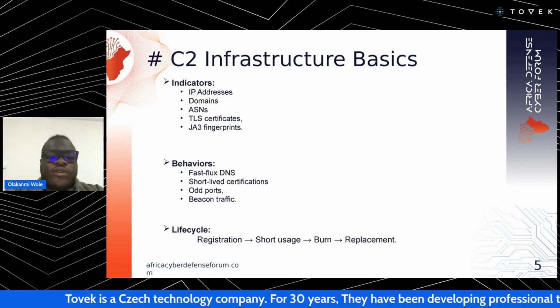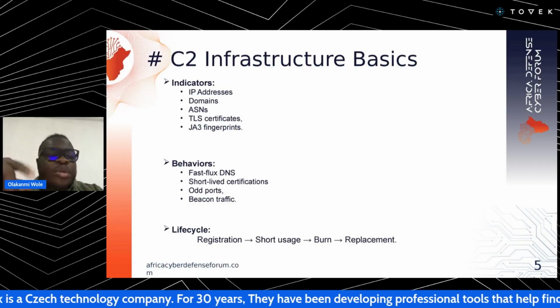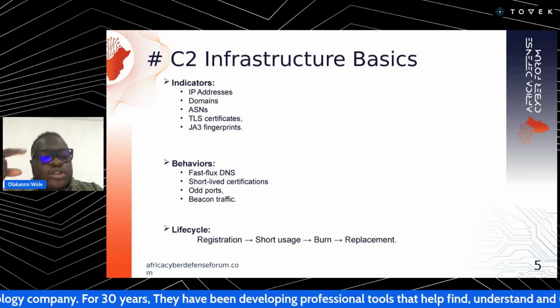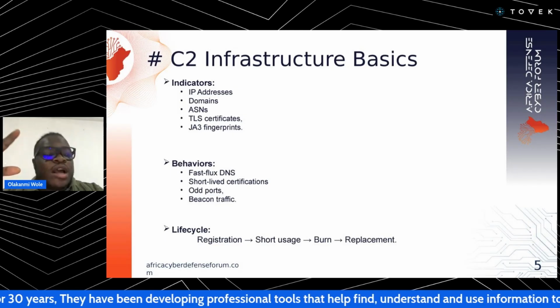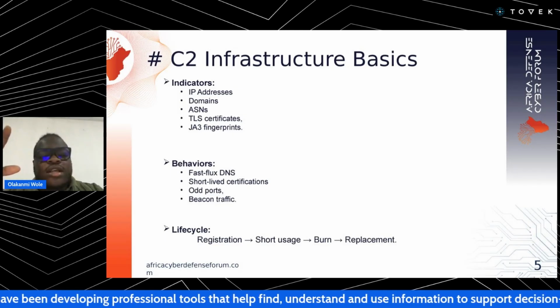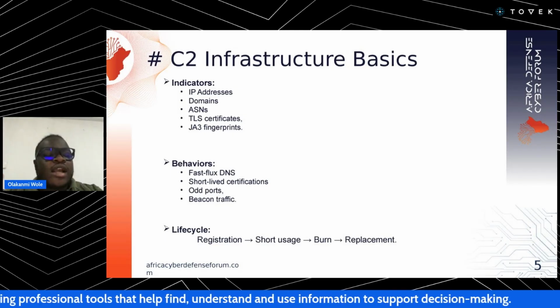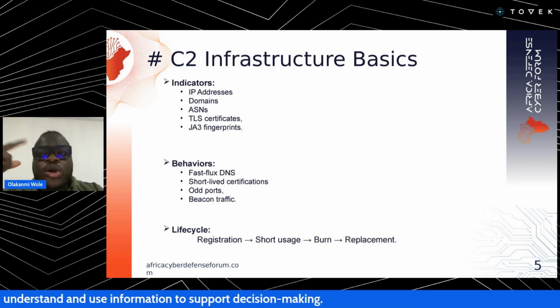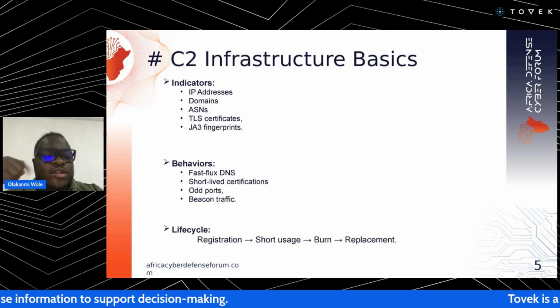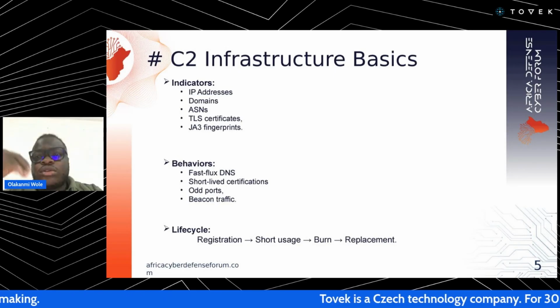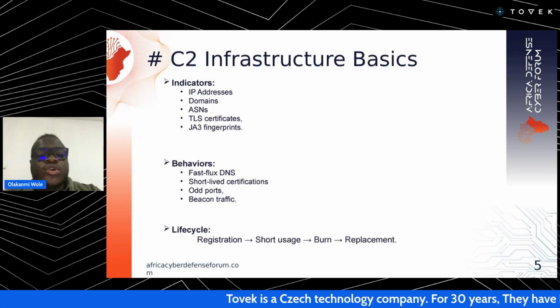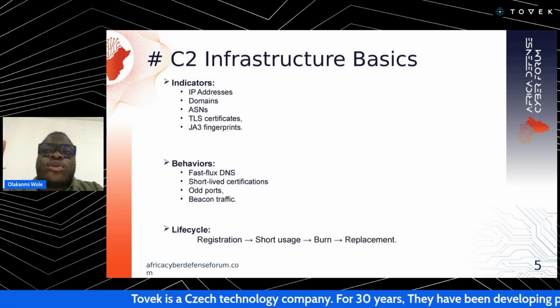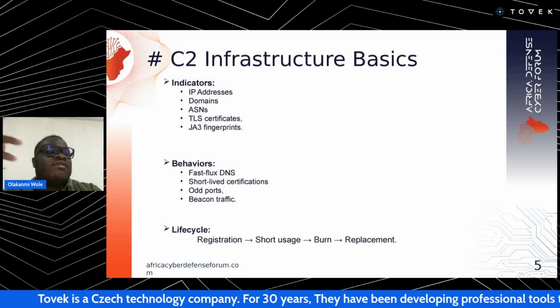Things like fast flux DNS, where we are seeing repeated connections, repeated domains being constantly assigned to an IP address, but it's being burnt as fast as possible. Short-lived SSL certificates. Threat actors are also advancing. Gone are the days where you see a phishing website that doesn't have SSL, right?